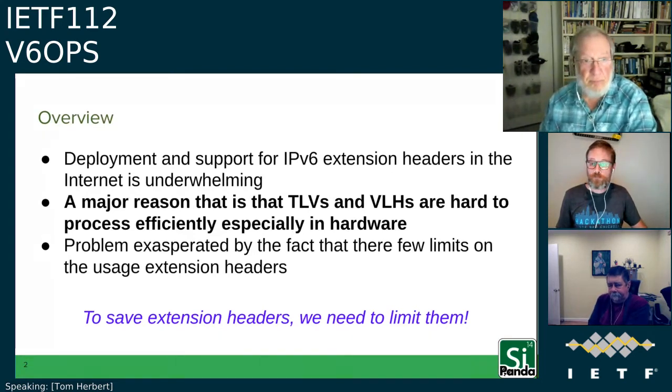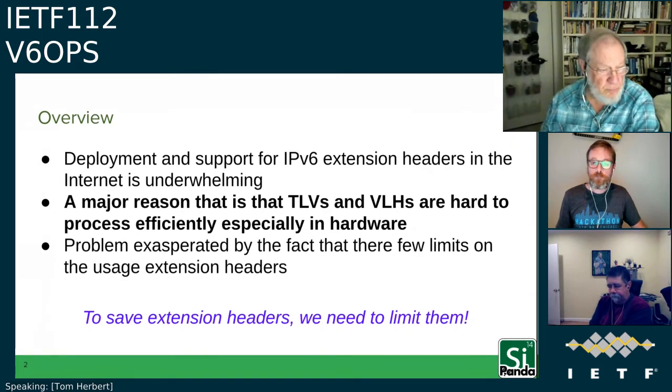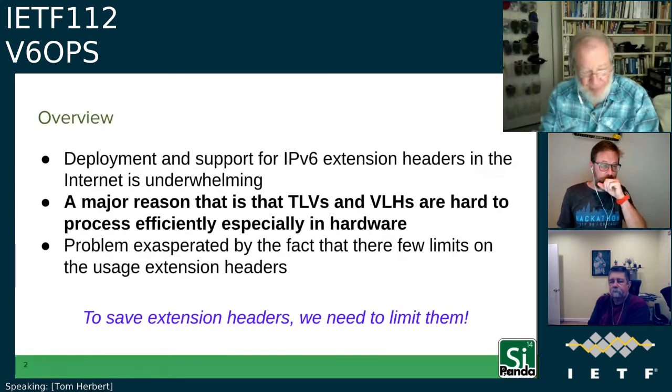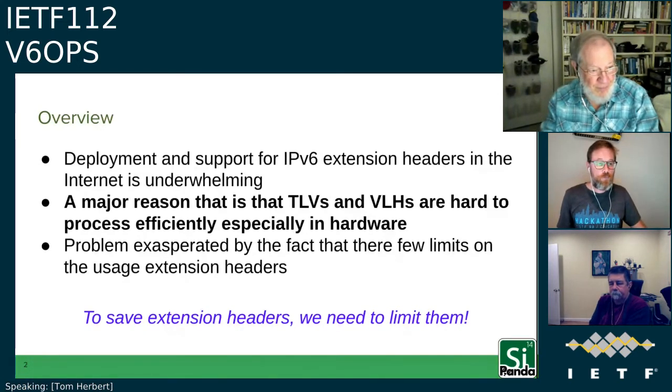The major reason is that TLVs and variable length headers are hard to process in hardware. So it's already been covered. I believe one of the things that exacerbated the problem is that there are few limits to the usage of extension headers. So for instance, in RFC 8200, the only limit for the number of extension headers, or the number of options in hop-by-hop options, or the size of an extension header, is the MTU of the packet.